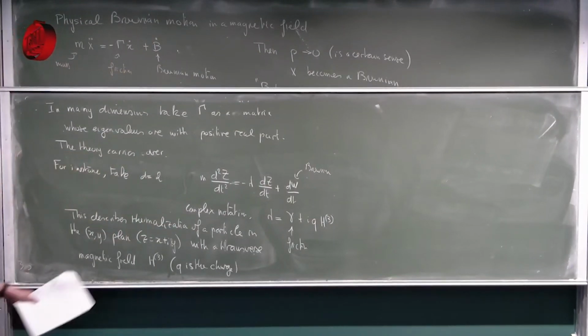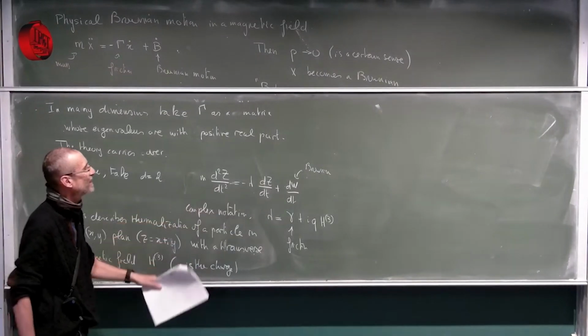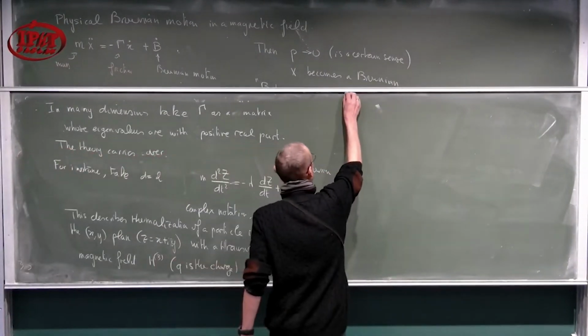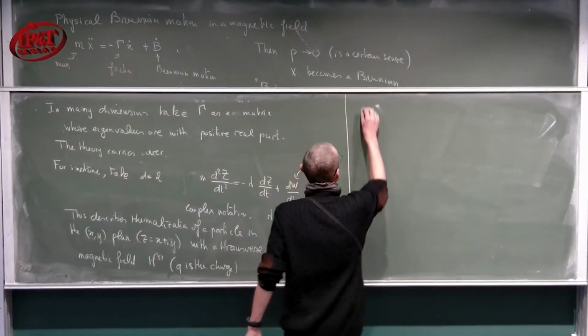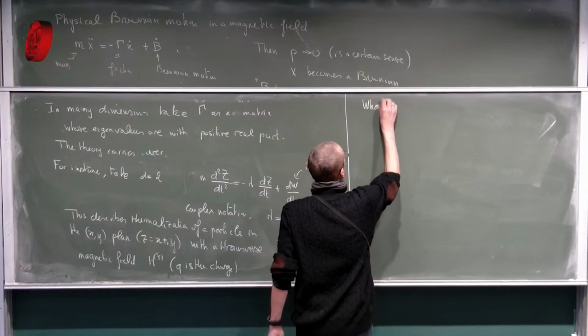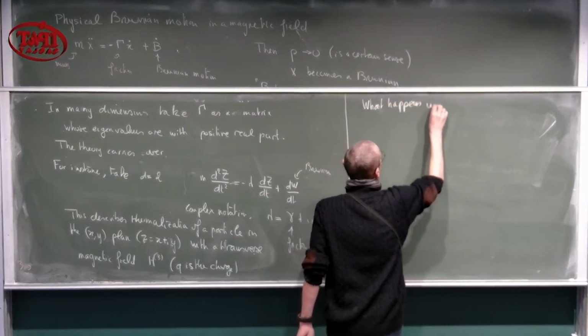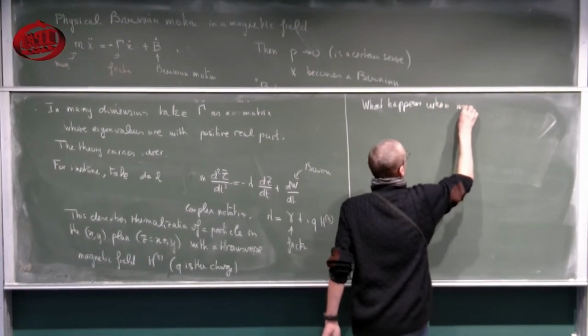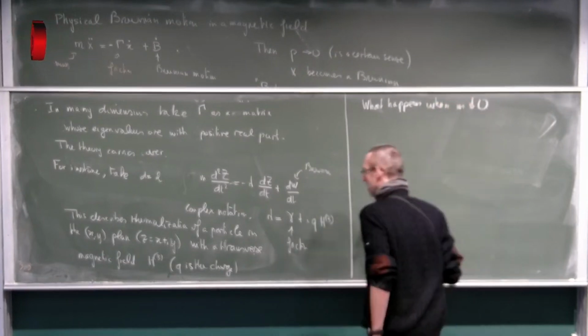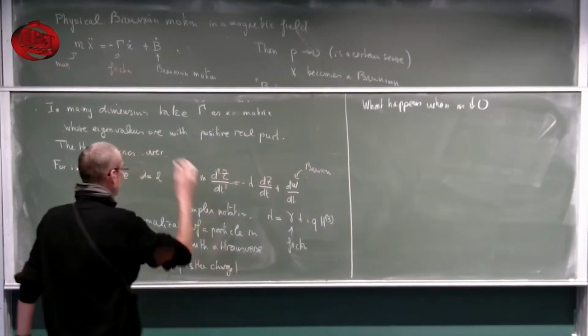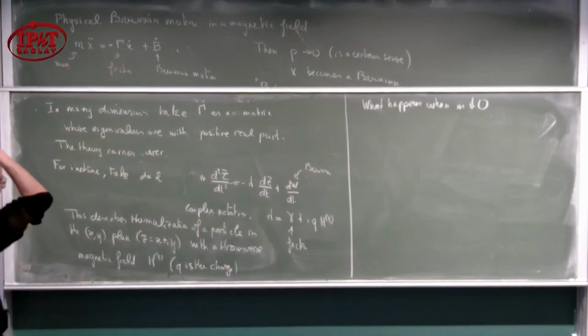Okay, so now you can have fun and study this equation. And just to say things very briefly, what happens when m goes to 0? And in fact, things are as before.